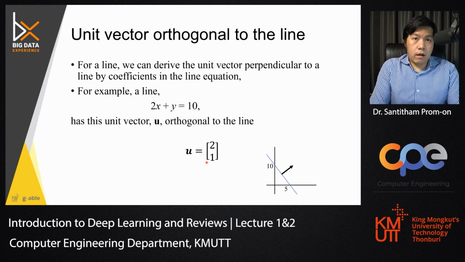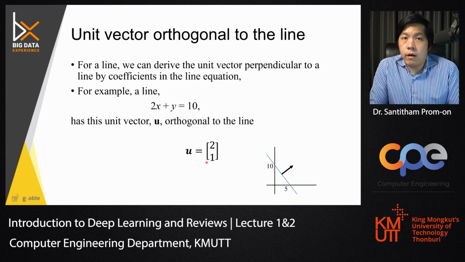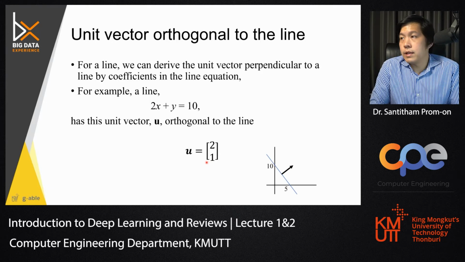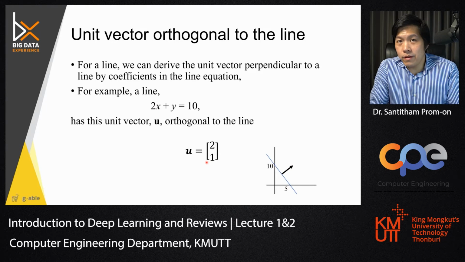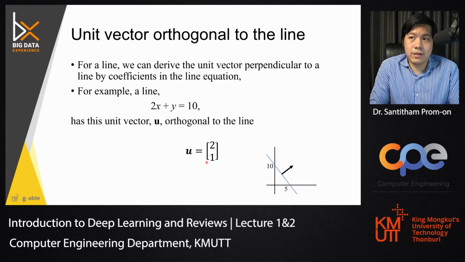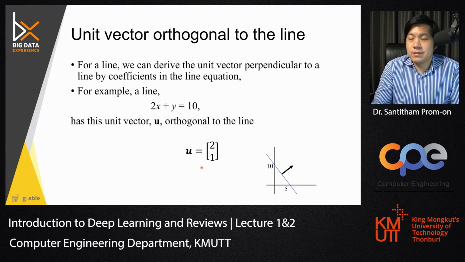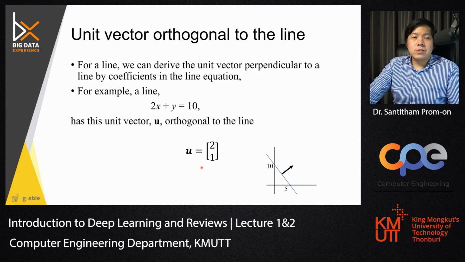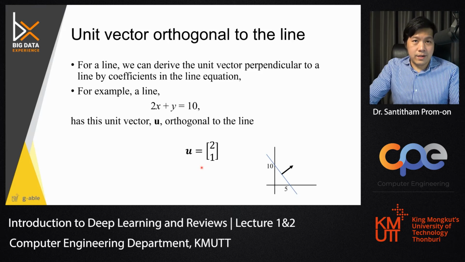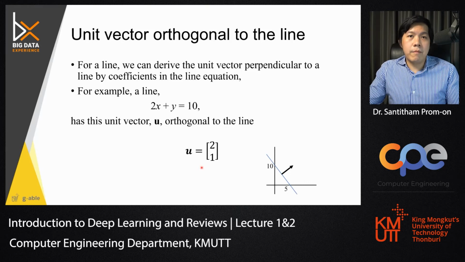So that's all for the review of the vector concepts. Any questions before we move on to the next topics? Mostly these are things that you have already learned at your undergrad level, some of them maybe even in high school.